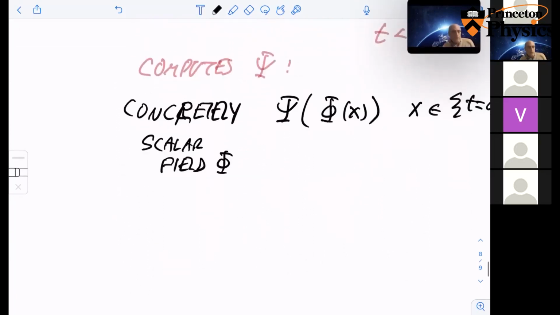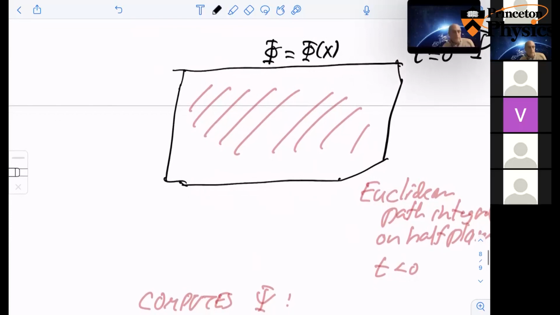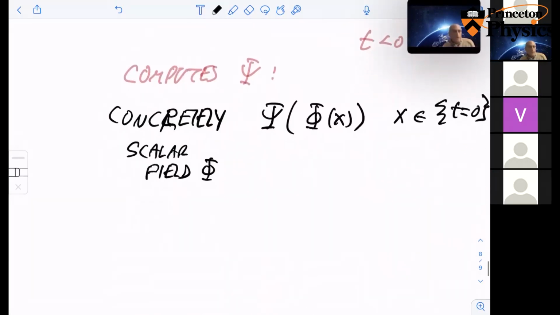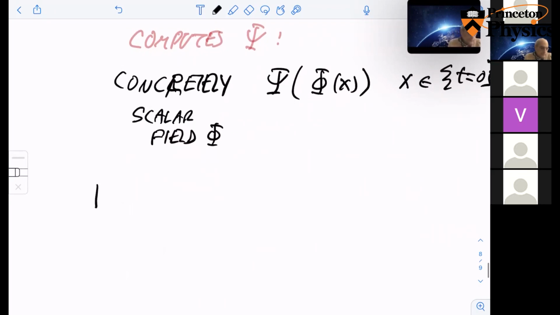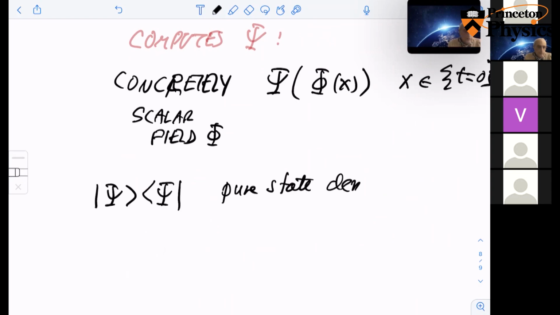Now, if we know that that's true, then we can easily construct the pure state density matrix for psi on all of the time zero slice.